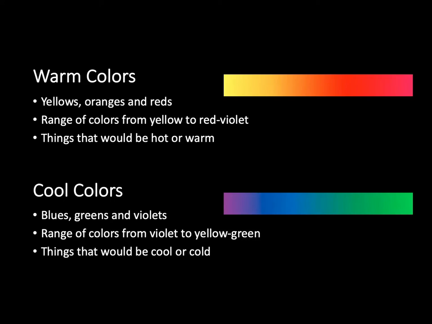All right. Now, the one thing I do want to point out, when we talk about that range of colors, they give you that range for warm colors and that range for cool colors. They're essentially dividing the color wheel in half. Half of them fall into the warm color range. Half of them fall into the cool color range. And that's what you see on this scale right here. One of them ranges from yellow to red violet. And the other one is the range from violet to yellow green.